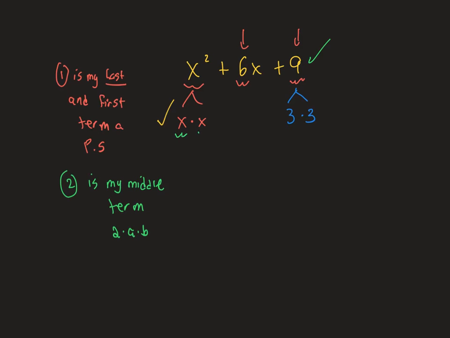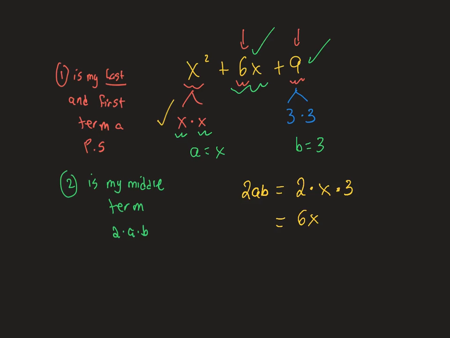So I have x times x, so my a is x. I have 3 times 3, so my b is 3. So 2ab would be 2 multiplied by x multiplied by 3, which would be 6x. So this is most definitely 2ab.